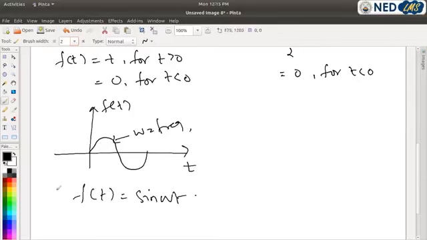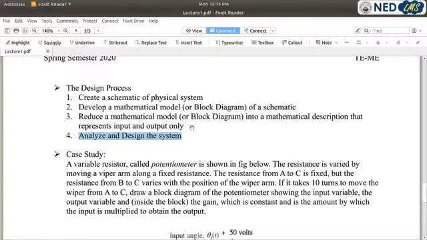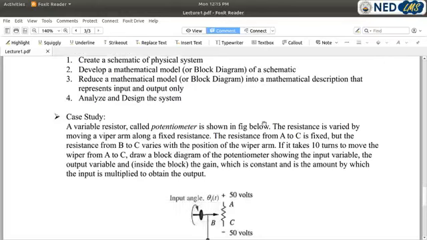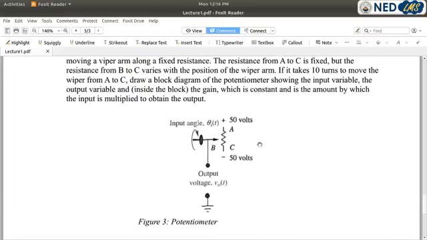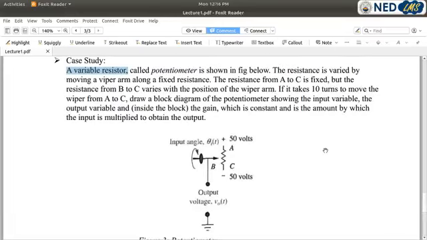Now, that was all about the design process of the system. Now, let's do a simple case study. We have a variable resistor called the potentiometer as shown here. The resistance is varied by moving a wiper. This wiper is movable.